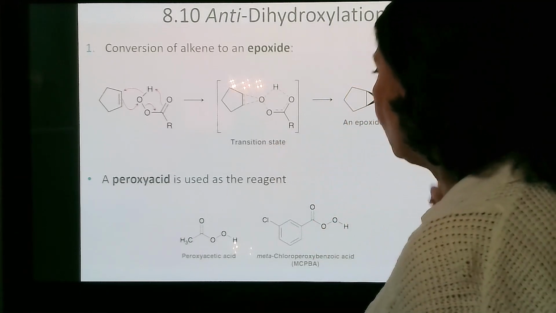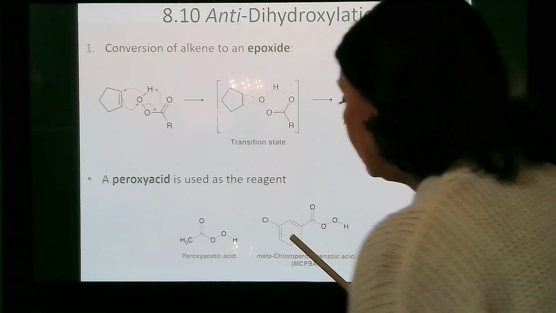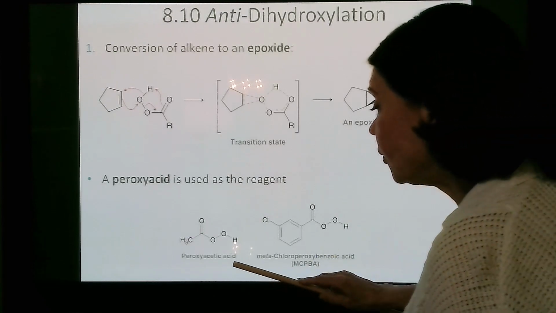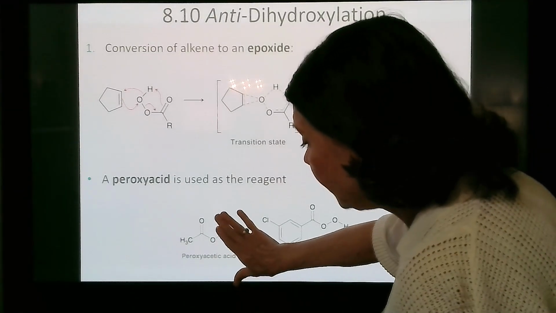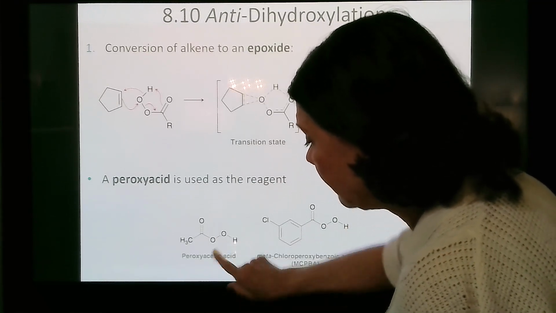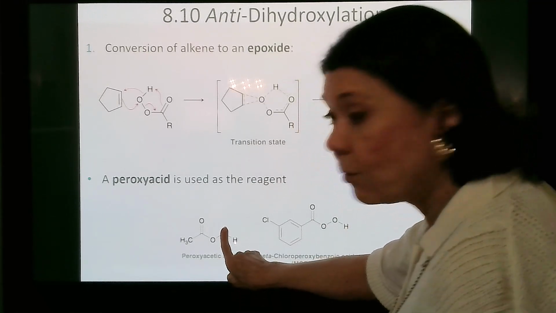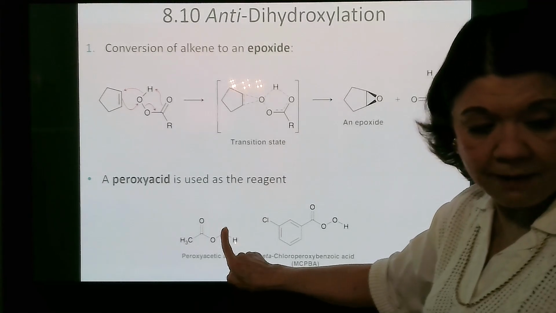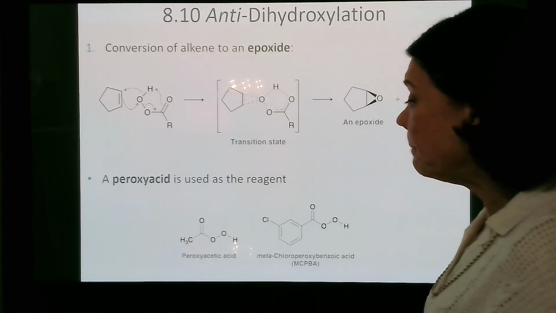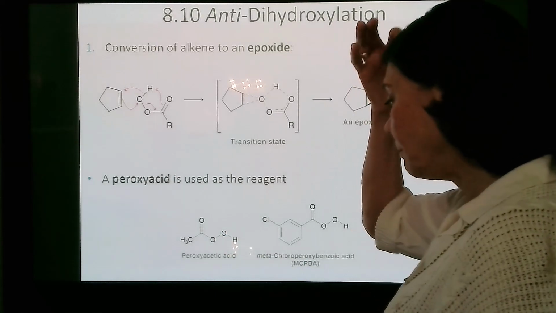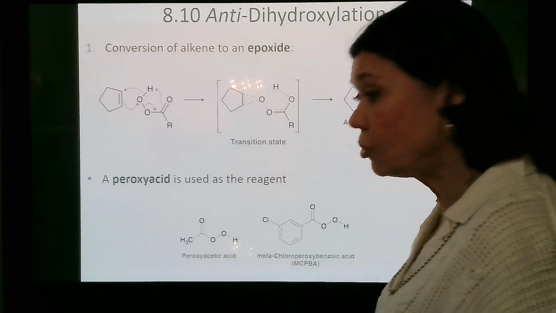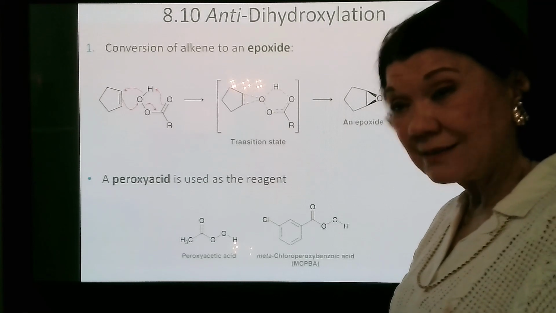There are a lot of things that we're going to have to discuss on this slide. So, peroxyacetic acid. You know what acetic acid is. You would be able to recognize that if we were missing one of the oxygens here. But when you have another oxygen inserted in there, like a peroxide, an oxygen-oxygen bond means it's a peroxide.